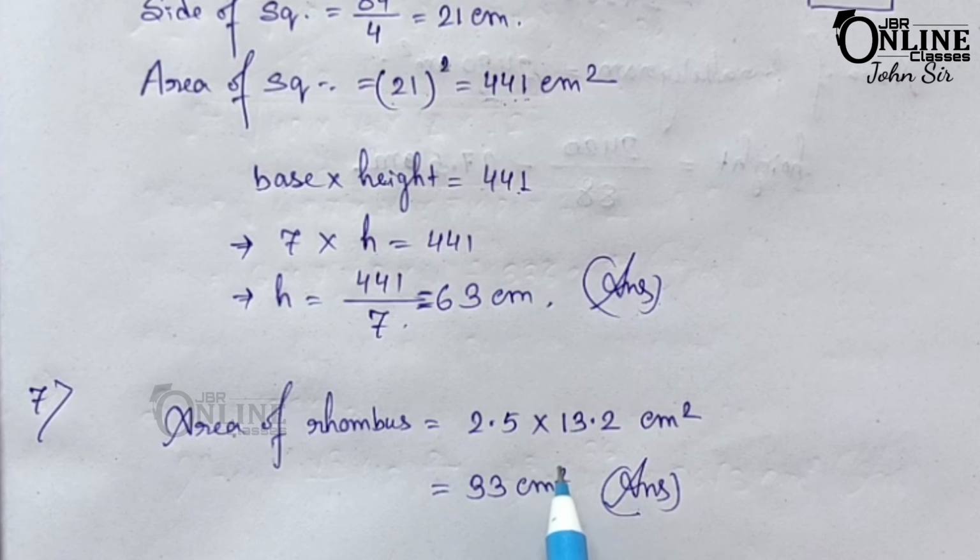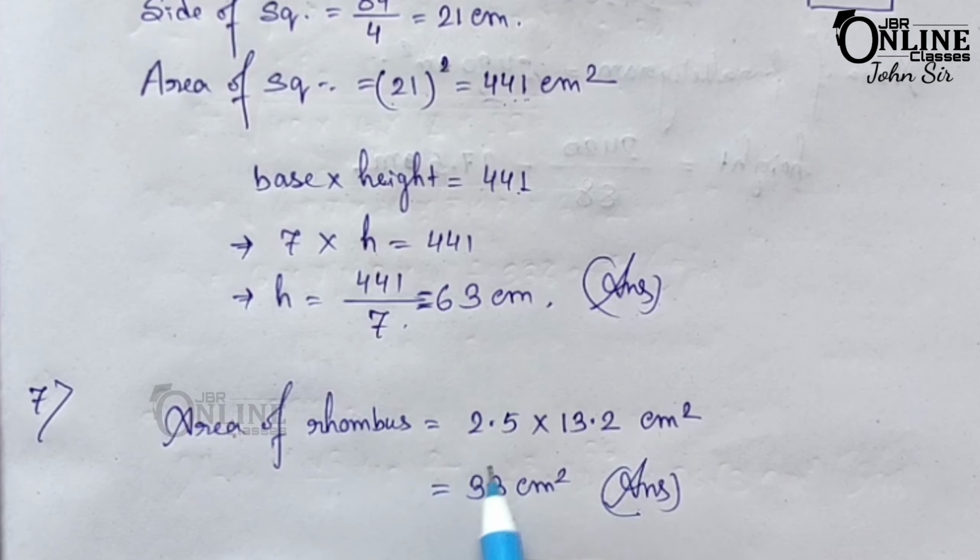Just consider this height as the vertical height of the rhombus, because the formula for the area of the rhombus is base into vertical height, not just height, because base into height is the formula of the parallelogram, and base into vertical height is the formula to find the area of a rhombus. So here the height will be considered as vertical height.